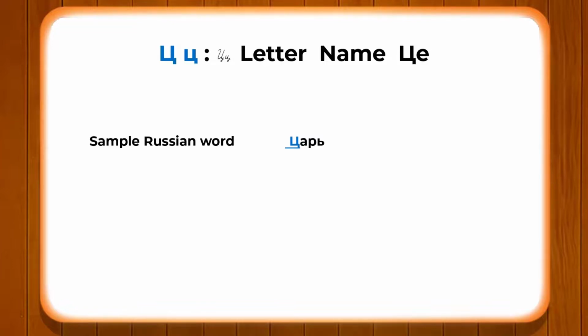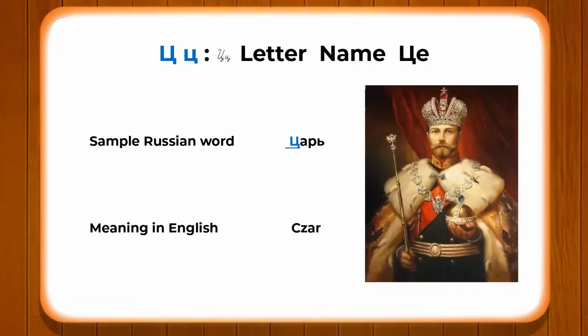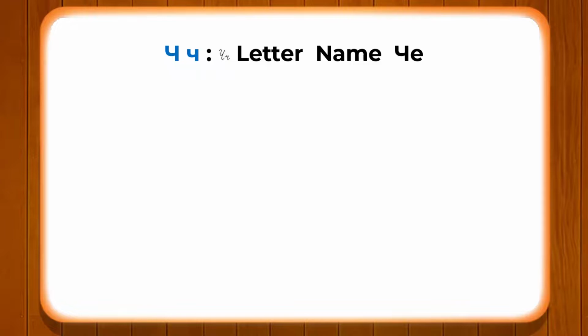You will find it interesting that the Russian word Tsar, which we use in English as Tsar, is from Caesar. So it has a connection with many other languages of the world. And finally, this particular word is very popular and has been used in English vocabulary as well as czar. Alright, now we will go to the next letter.